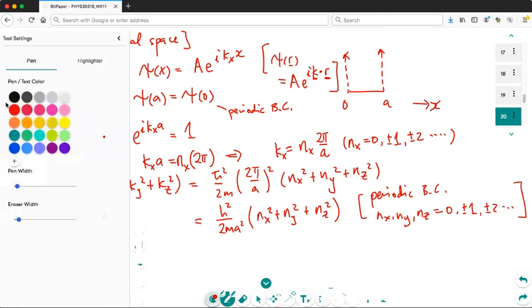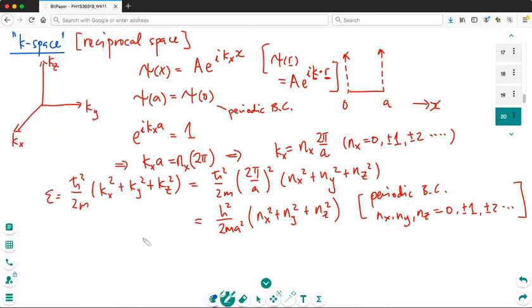Okay, in different color, I'm going to write you what we learned before in the box boundary condition. In the box boundary condition, you get epsilon, energy, yes, is epsilon. It's h squared divided by 8ma squared, and then you have nx, ny, and nz.